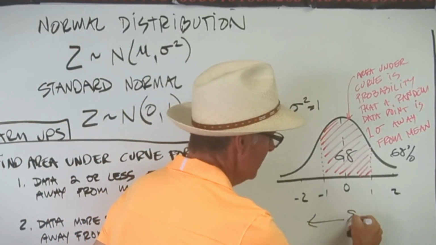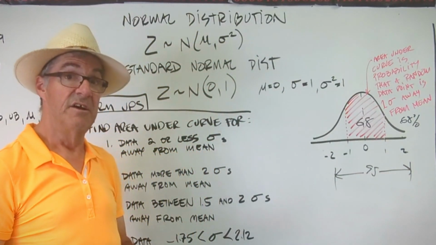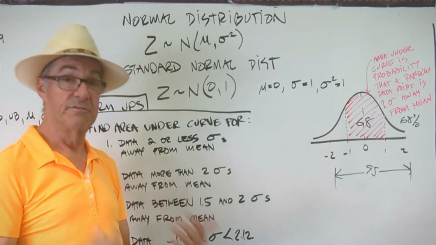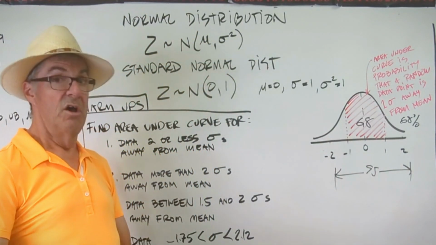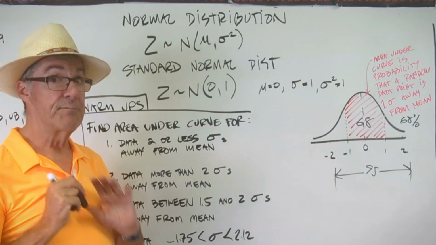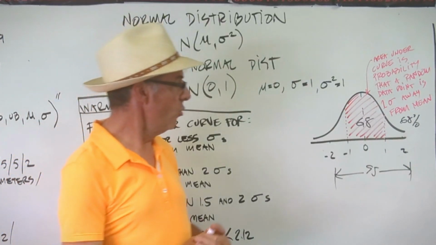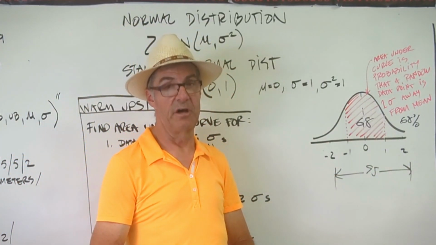So I could draw this out. Something like that. It's about 95%. So with a standard normal distribution, no matter what the scenario is, you've got a 95% chance that any randomly generated data is going to be within 2 standard deviations of the mean.